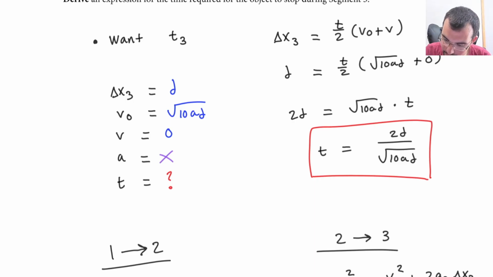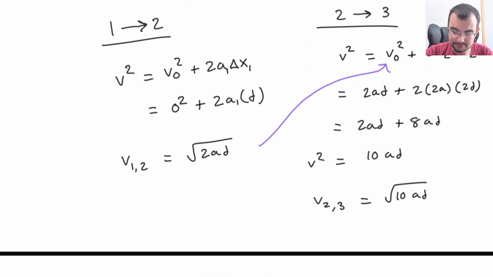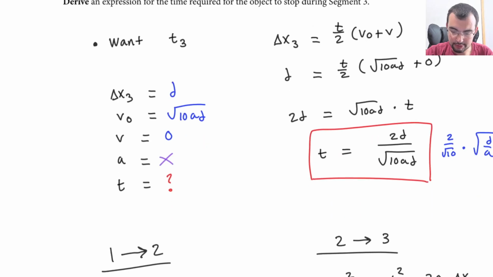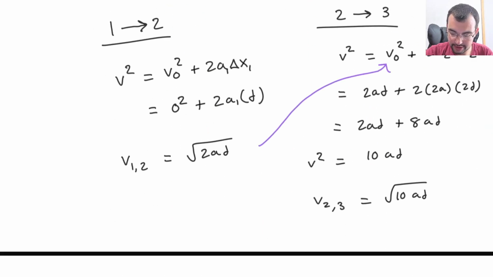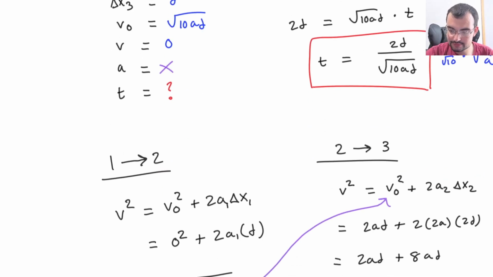You get 2 divided by square root 10 times square root of d over a. Don't rationalize the denominator. Only fools rationalize the denominator. There is no reason to be doing that. Well, that's kind of a tricky one. Lots of plugging in going on here. But it's good symbolic derivation practice.